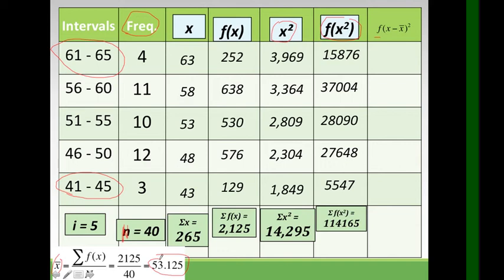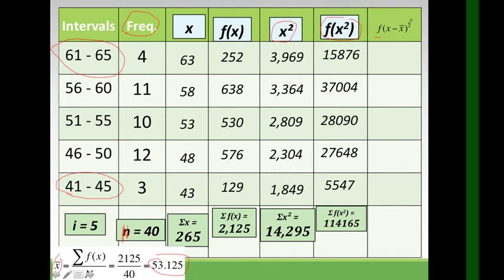Then, click equals. And then, multiply the frequency, which is 4. Ito yung frequency niya kasi nandito siya sa row na to. I repeat, 63 minus 53.125. And then, click equals. And then, click squared. Yung may squared na symbol, no? Ito 'yun, squared.